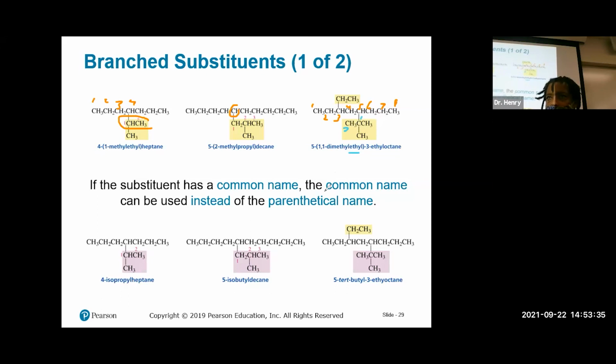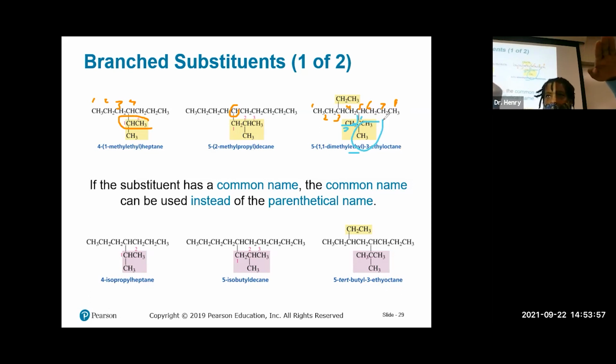Does that make sense? No, it doesn't. Okay, so this guy is still an ethyl, right? So right here is an ethyl. Because there's branching that's occurring here, it makes it more of a priority. So it's going to go first.